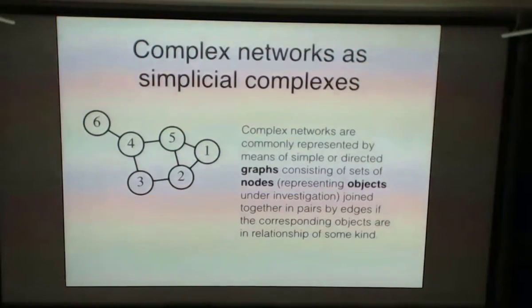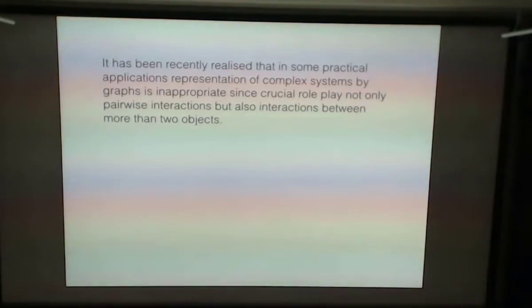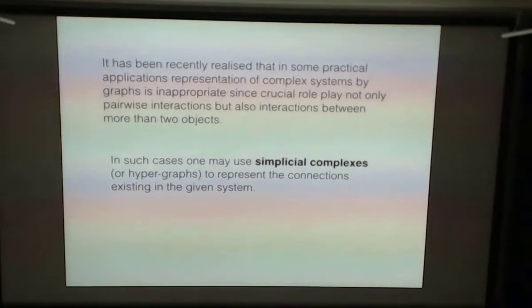However, Ginestra also made a big emphasis on this, that in many situations there is a need to use simplicial complexes instead of graphs. The simplicial complex has an extra structure additional to graphs. You can say that three objects have some collaboration or some relationship between them.